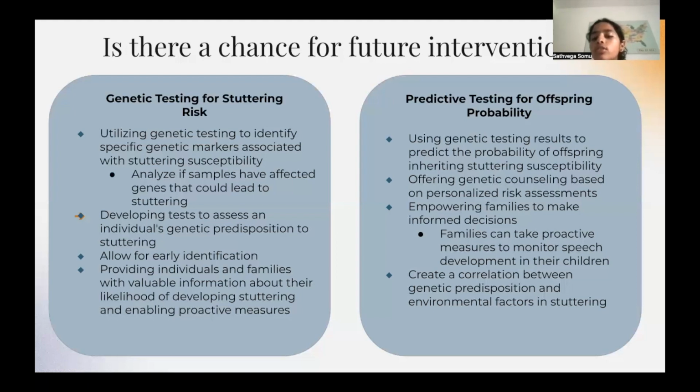We would also offer genetic counseling based on these assessments, and we would also empower families to make informed choices, where families can take proactive measures to monitor speech throughout the child's speech journey. This would also help create a correlation between genetics and the environmental factors in stuttering.